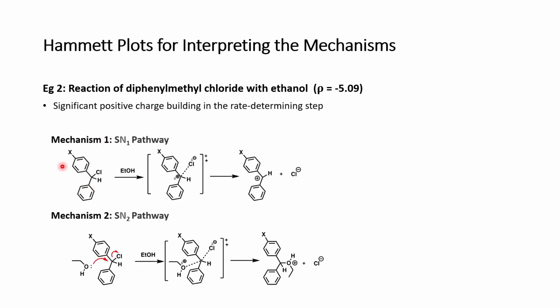With these details in hand, we can have a look at possible mechanisms. As the first mechanism, we have the SN1 pathway, and as the second mechanism, we have the SN2 pathway.